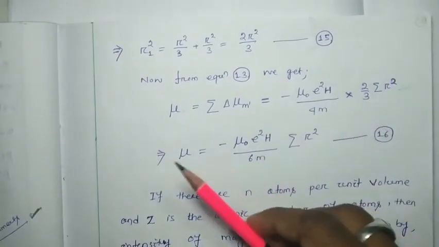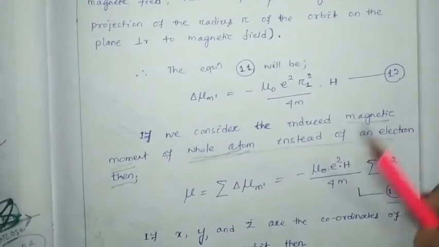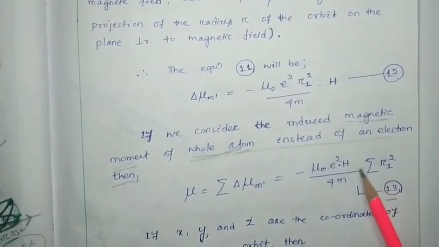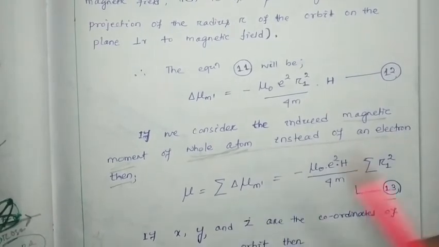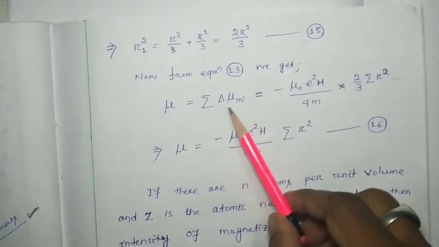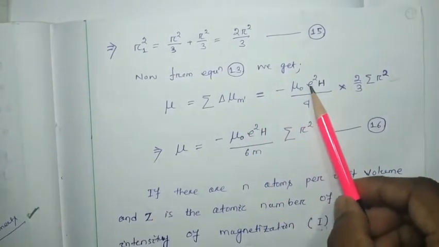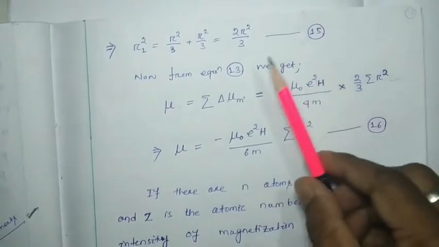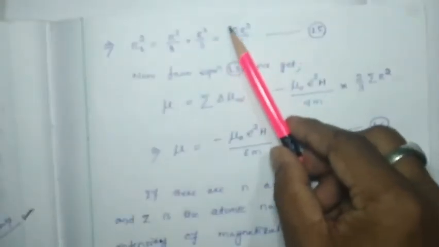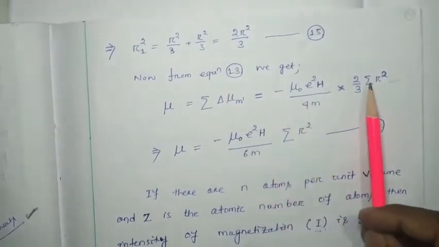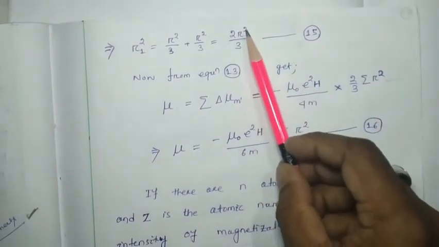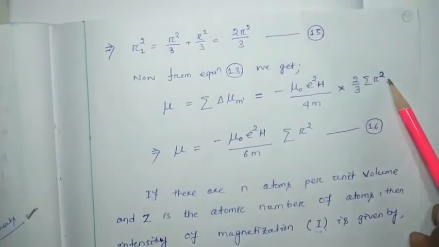Now from equation number 13, what are we going to get? From equation number 13, we substitute the r1 square value that we got in equation number 15. So mu equals the summation over del mu m dash, equal to minus mu 0 e square h by 4m into r1 square, which is substituted by 2 by 3 summation over r square.